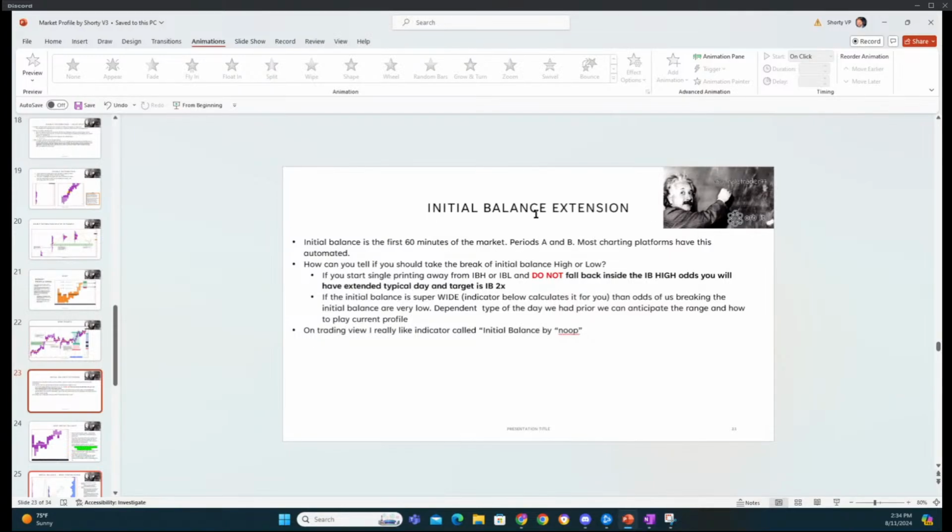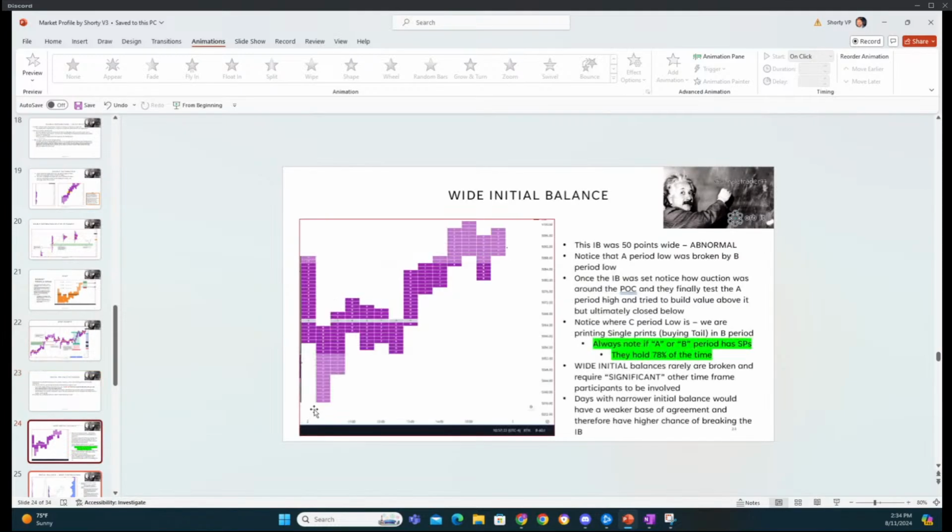It's important to know when the extensions happen, and why do you guys think that is? Show their plan for the day, their intentions. Yeah, so usually the IB is extended by who? The other time frame participants. Yeah, so if there's no IB extensions, then what kind of day would you have?